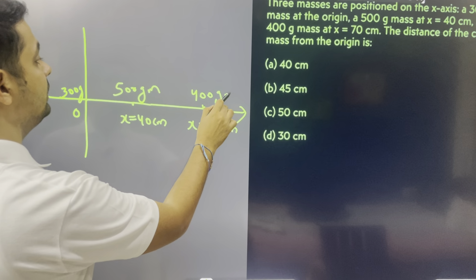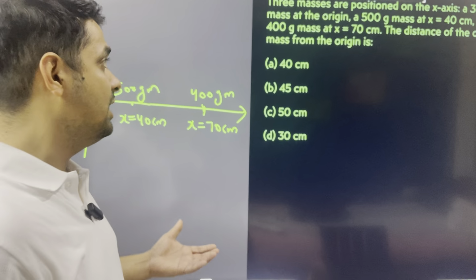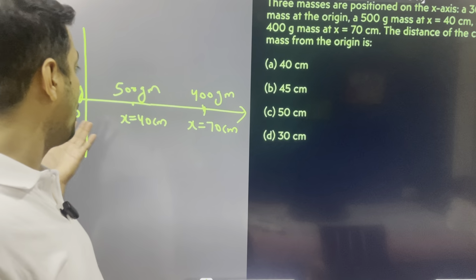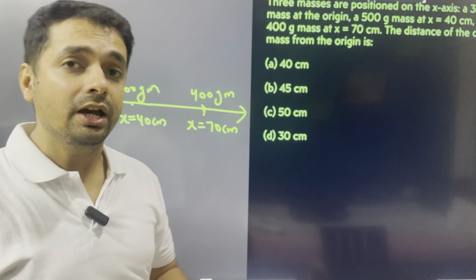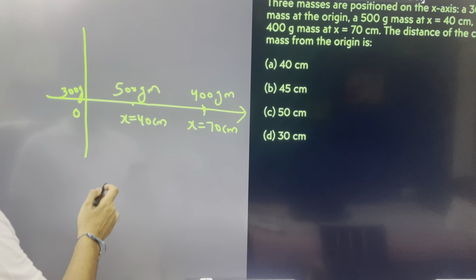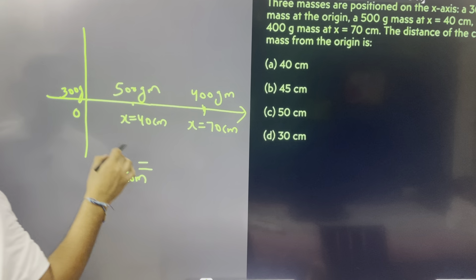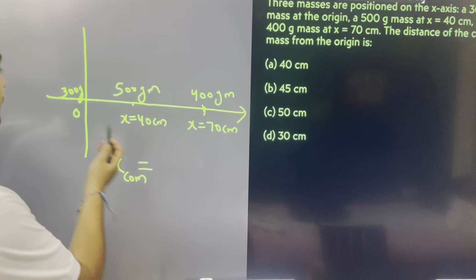Now we have studied how to find the center of mass position. Because all the particles are along the x coordinate only, the center of mass will definitely lie along the x coordinate. So, M1 x1 plus M2 x2 plus M3 x3, and the positions are already given.